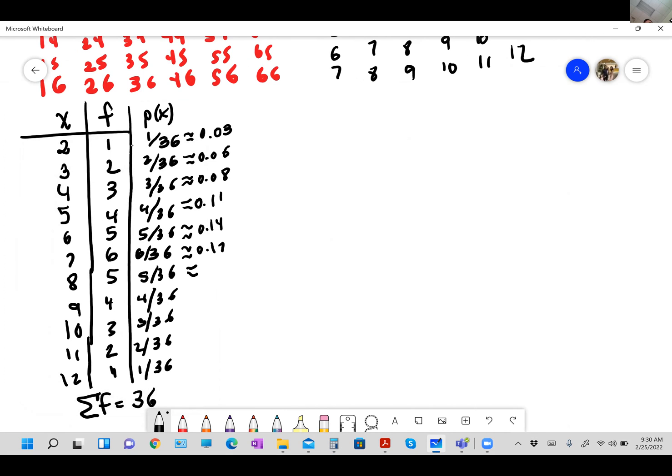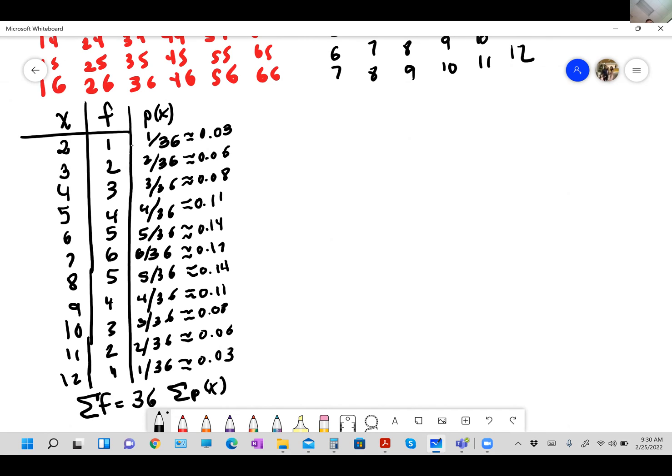And then 0.14, 0.11, 0.08, 0.06, 0.03. And what should this all add up to?